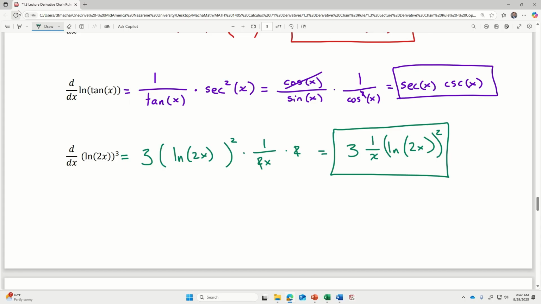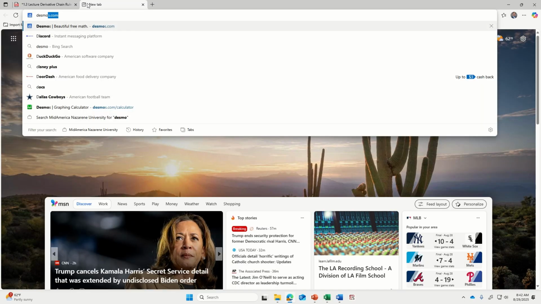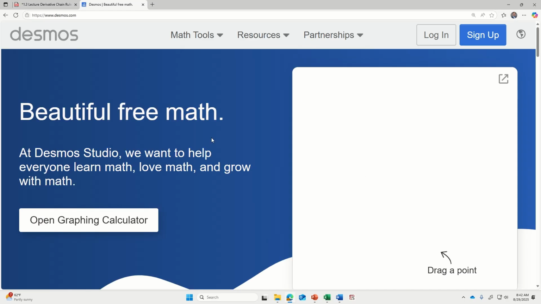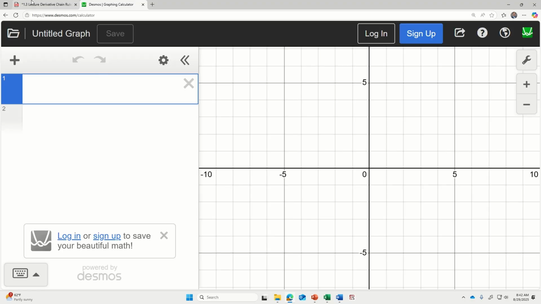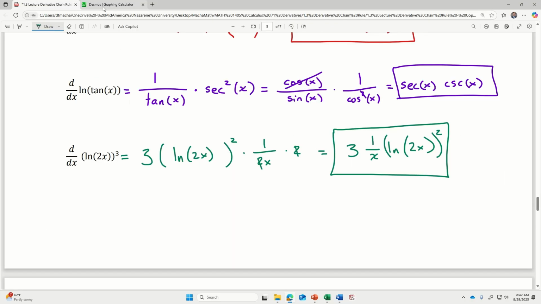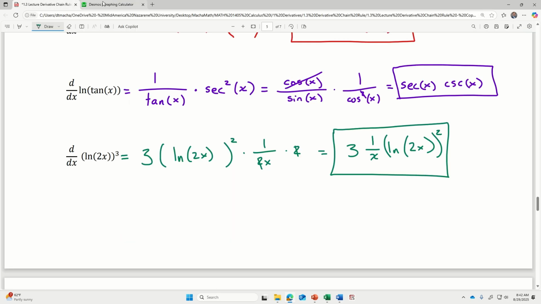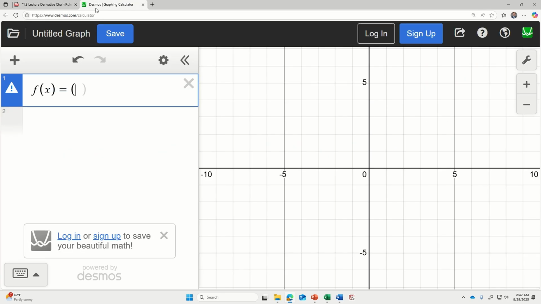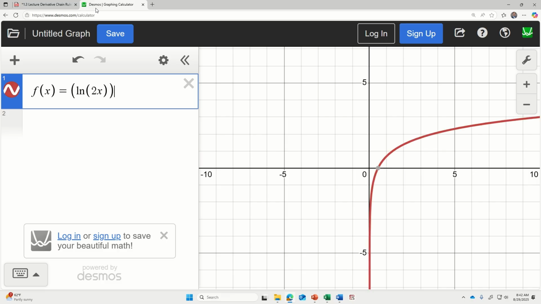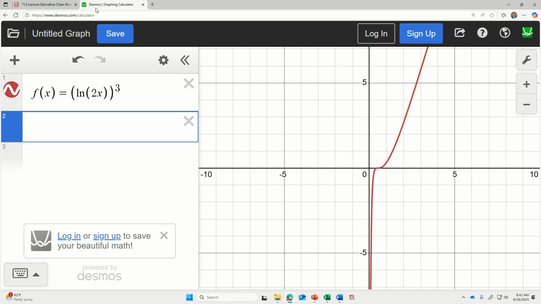I always point this out every day, but this is where we really should be checking our answers. If I wasn't sure about this answer, maybe I'm a little bit nervous, what I could do is type in the original, which is open parentheses natural log of 2x, close parentheses raised to the power 3.